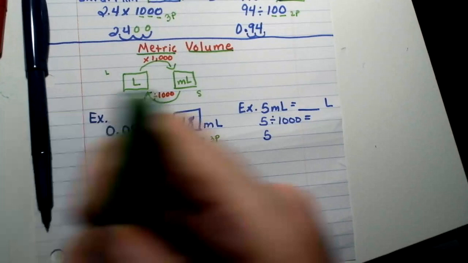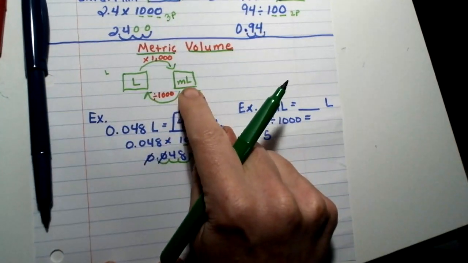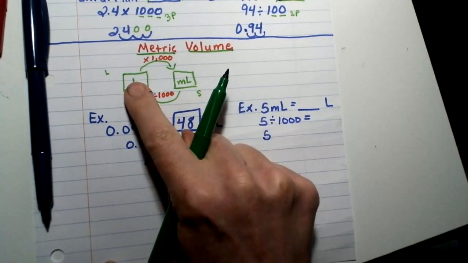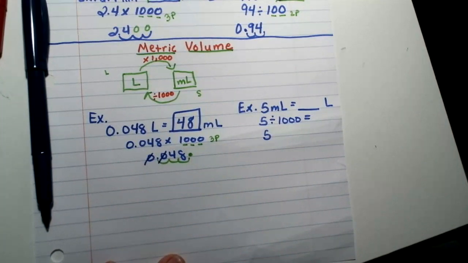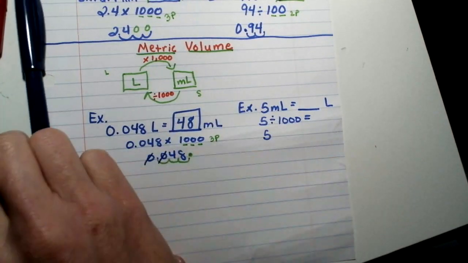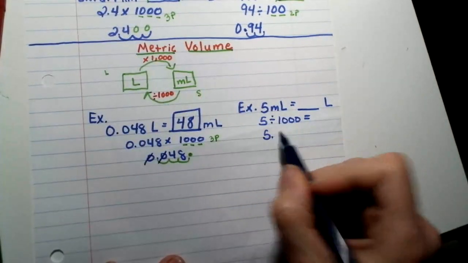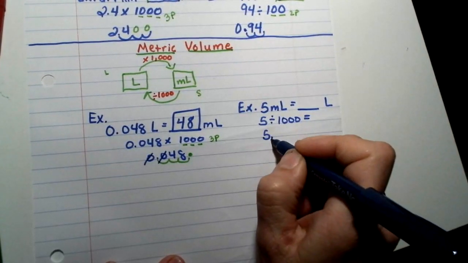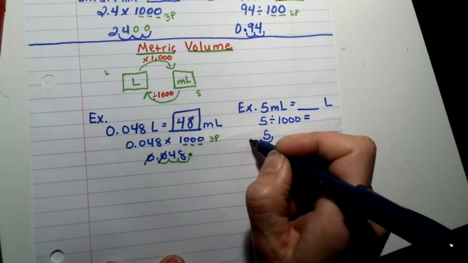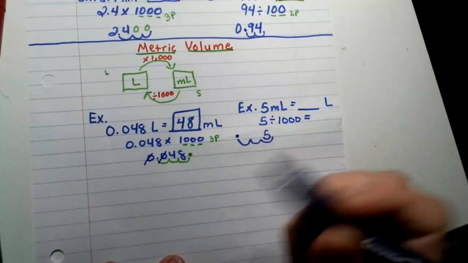Let me see, which way do I need to move this decimal though? I'm starting from milliliters and I'm going this way, so I have to move my decimal to the left. The decimal is right here. It does exist, and I'm going to move it 1 place, 2, and 3. My decimal is going to go there.